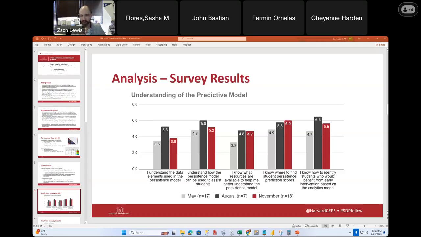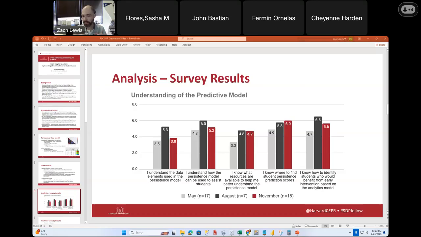So following that initial training back in May, we did see that scores on survey questions related to finding the relevant data that they needed to conduct outreach, identifying students who were eligible or who should be intervened with, and then locating the support materials all saw some pretty noteworthy increases.